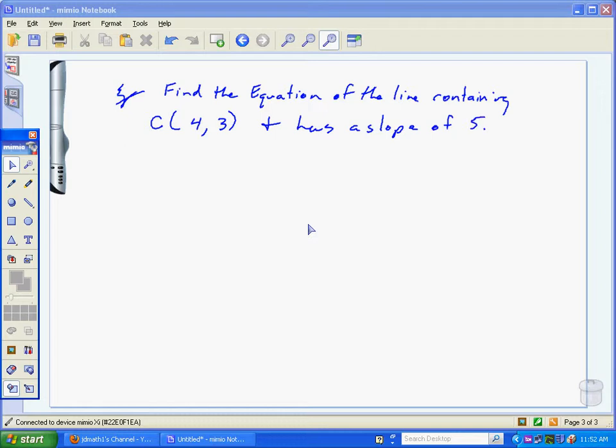So we have to find the equation of a line that has this point C (4, 3) on it and has a slope of 5.